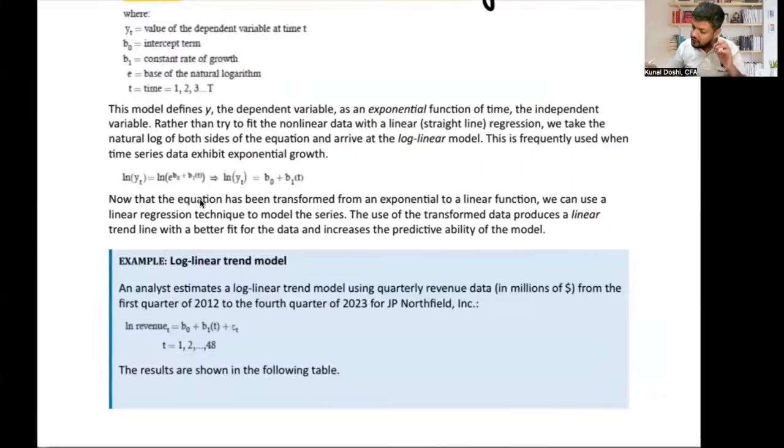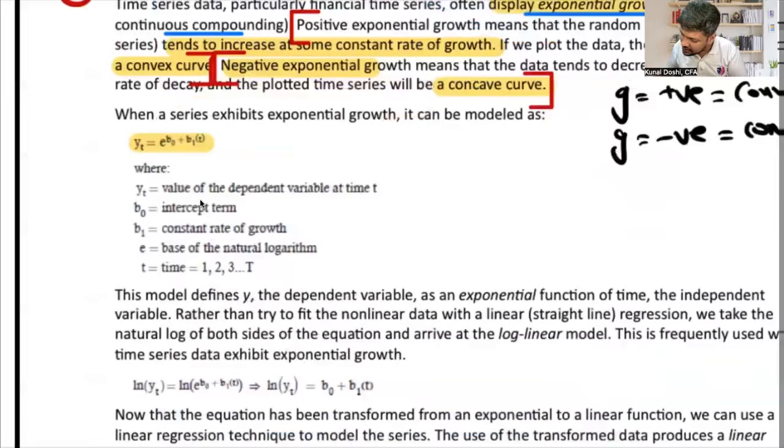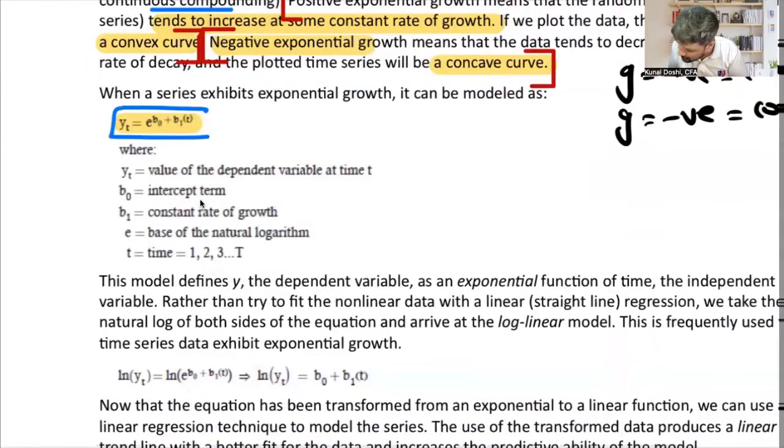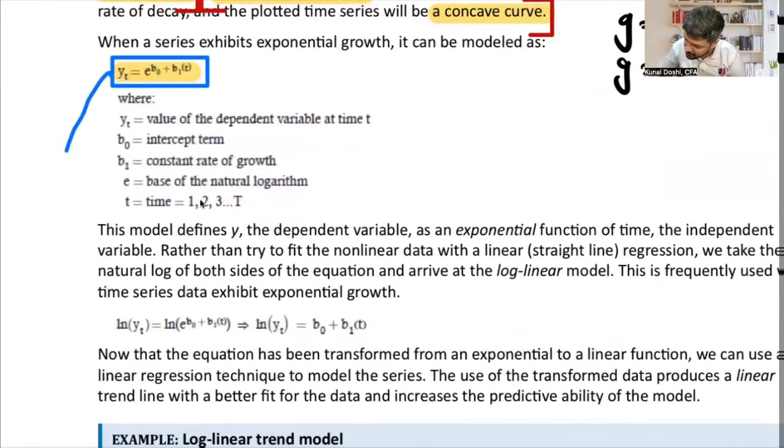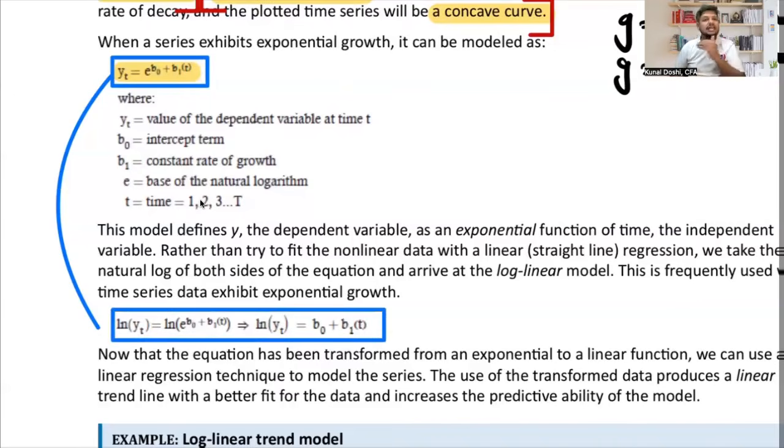Clear? So now you see they have given me the original model where we take the exponential value. But when I translate by putting log on both sides, this is what I eventually get: log of y is equal to b0 plus b1t. Understood this part, everyone? Correct?